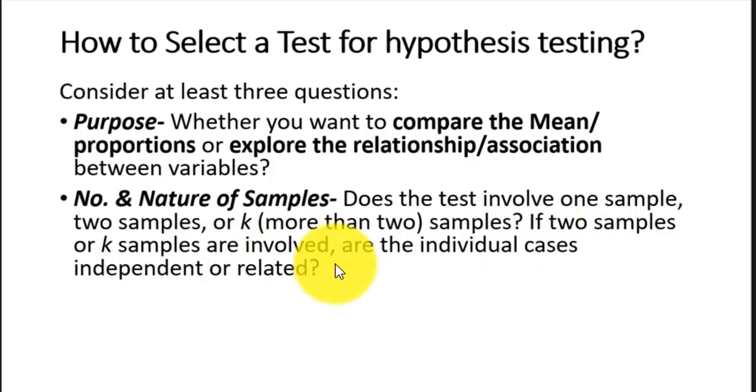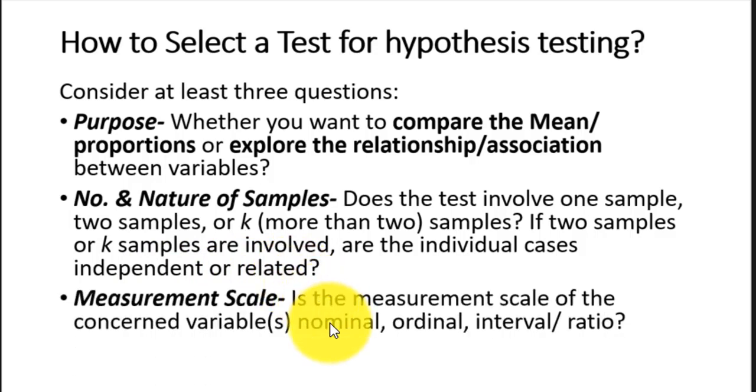If two or more samples are involved, whether they are independent or related. Third question is whether measurement scale of the concerned variable is nominal, ordinal, or numerical scale. You may watch my previous video as shown in the suggested link for clarity on various types of measurement scales.